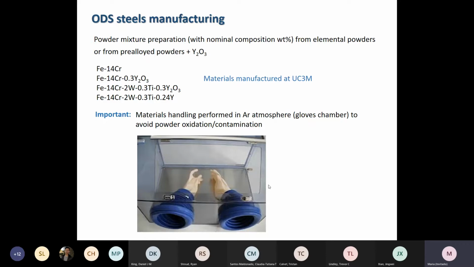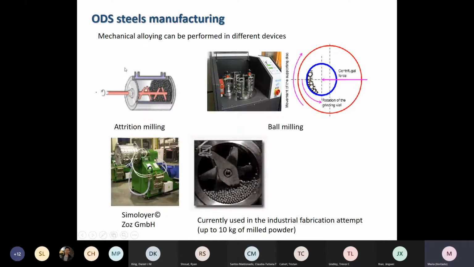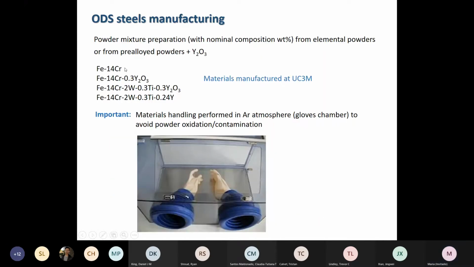We have started from a powder mixture preparation that could come either from the elemental powders that we want to have in the final composition, or from pre-alloyed powders that we have mixed with yttrium oxide. And these are the compositions that we have worked on typically at Carlos III. It's very important that we have a reference material, a non-ODS version of the alloy, and to add other elements one by one, if possible.